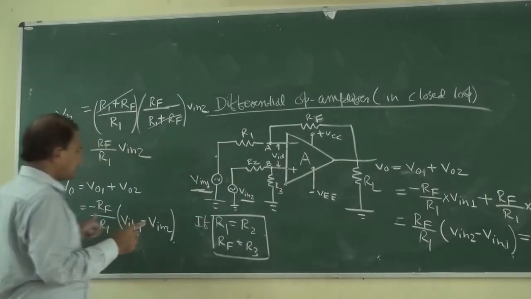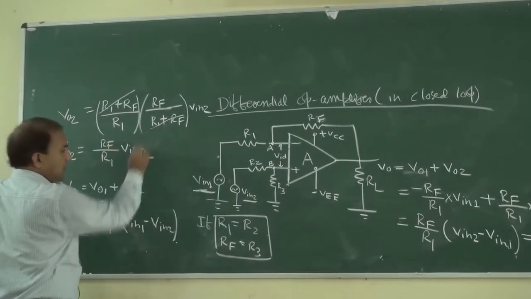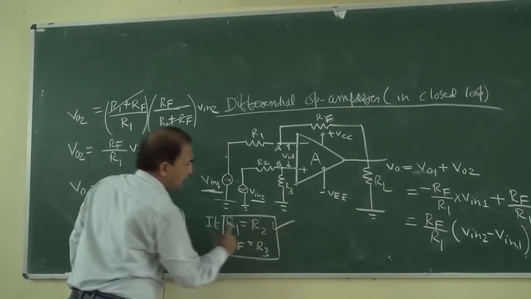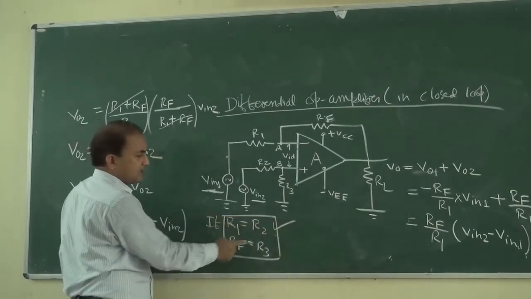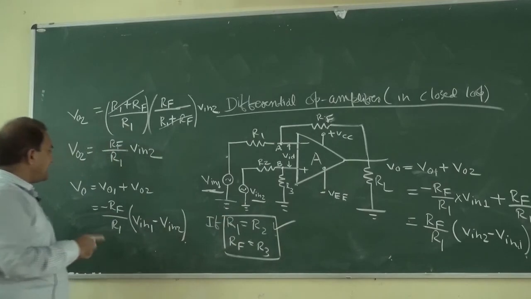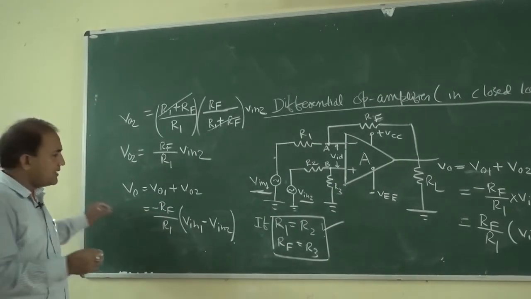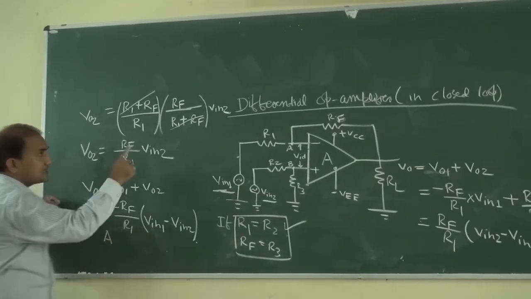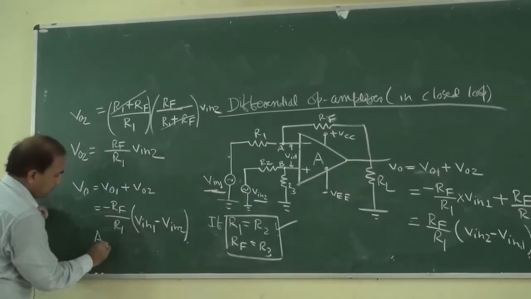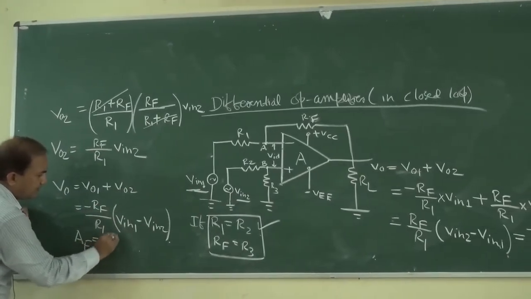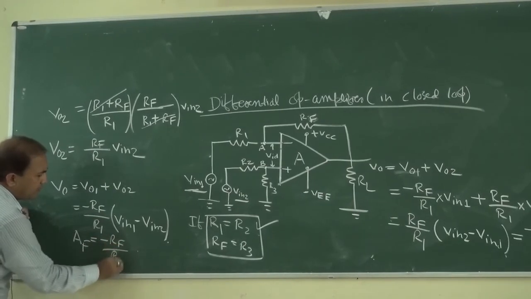Okay. But we have assumed R1 is equal to R2 and RF is equal to R3, then in that case V output is equal to minus RF by R1. So the gain of this differential amplifier in closed loop is equal to minus RF by R1.